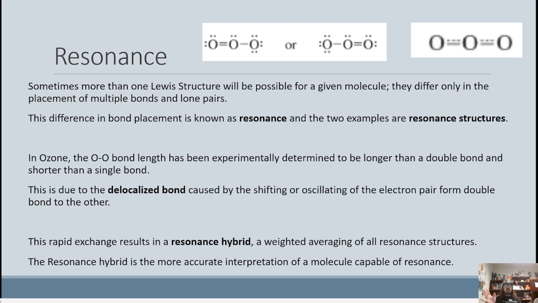We can actually slow things down enough so we can see each unique structure rather than the average of the two. But that is possible only with cooling the structure down, thus slowing down its movement.